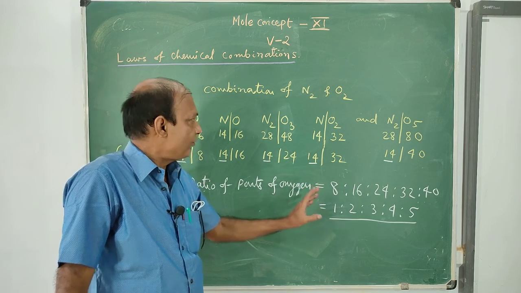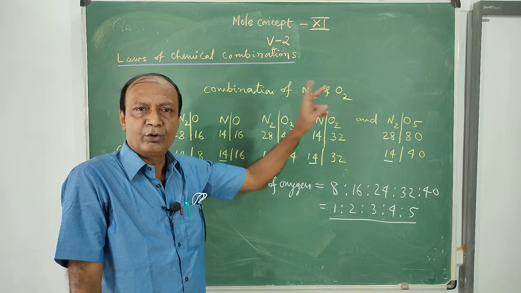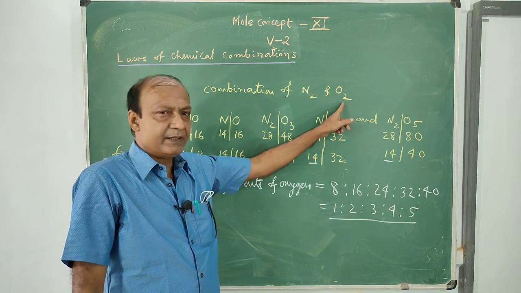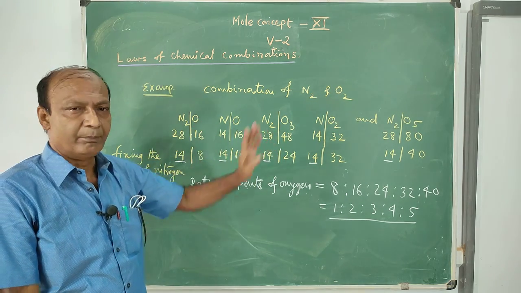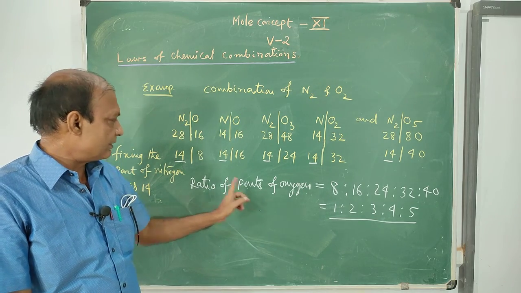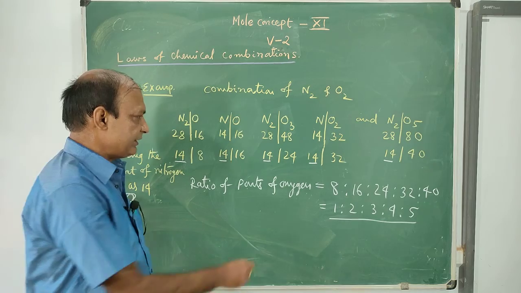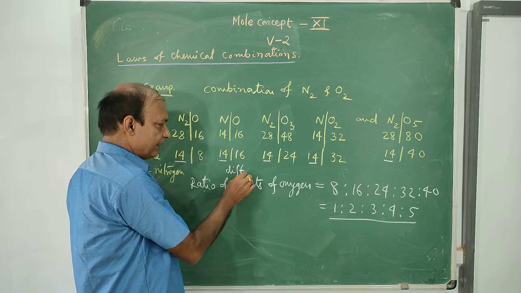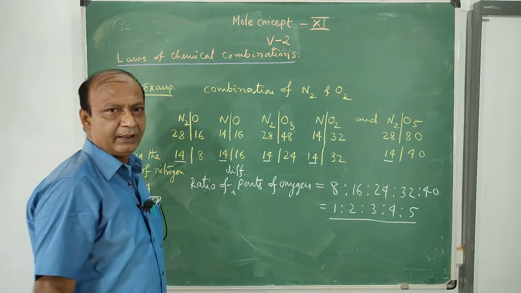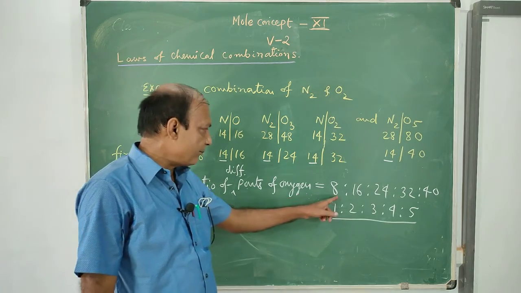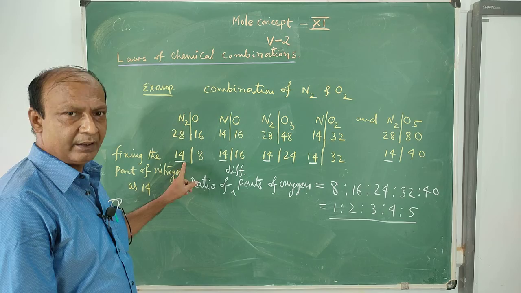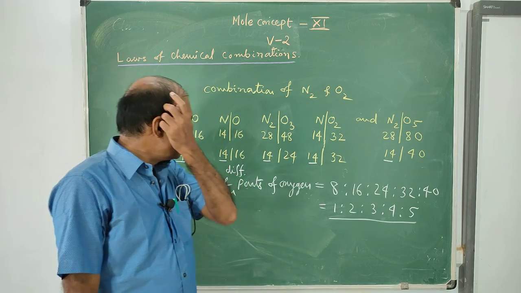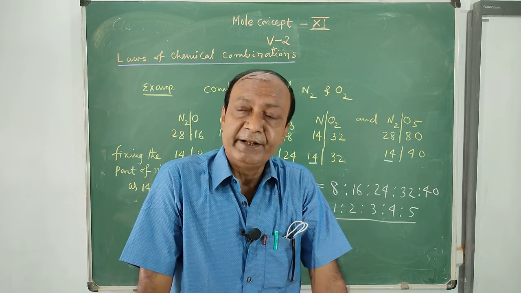It can be stated in this way: when two elements combine to give more than one compound, here it is 5, the ratio of the different parts of one element, you see these are different, that combine with a fixed part of another element, nitrogen is fixed here, will always bear a simple integral ratio.